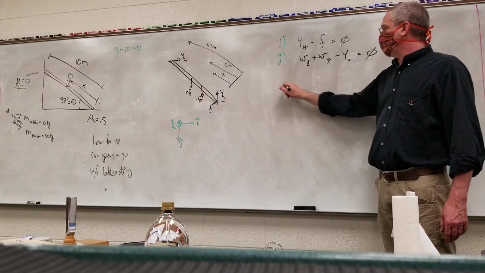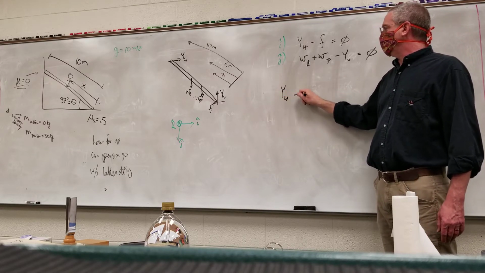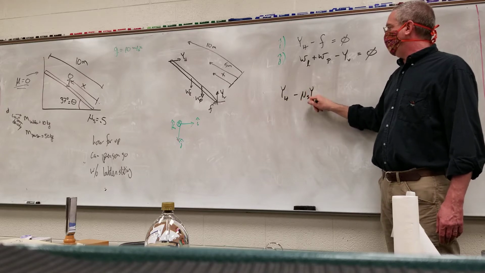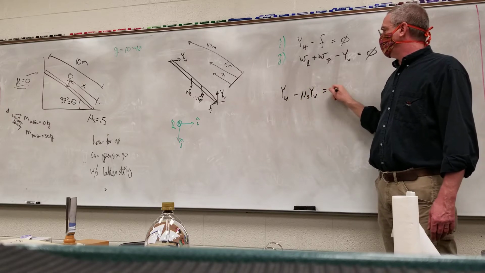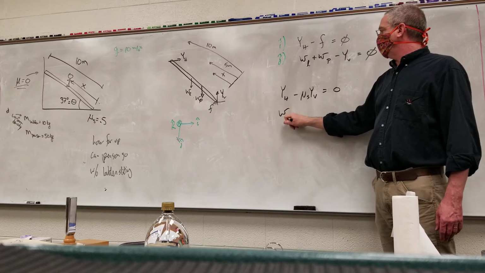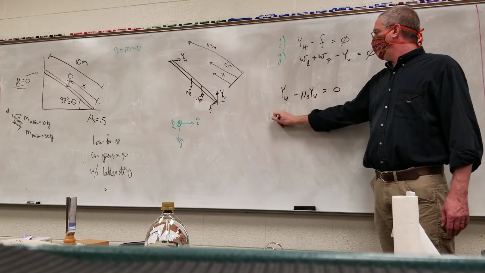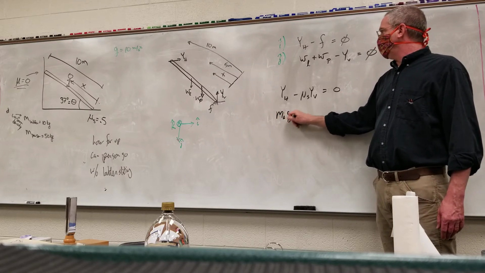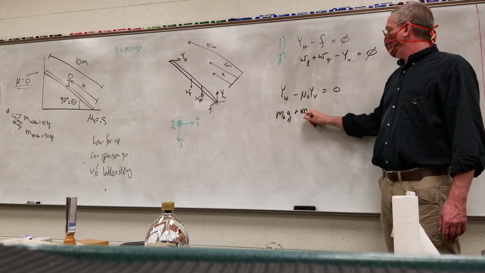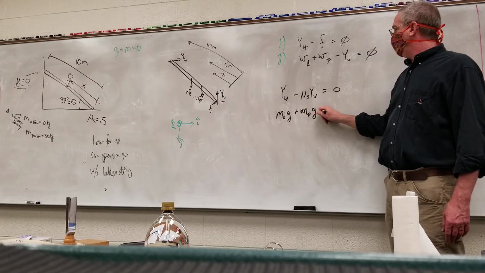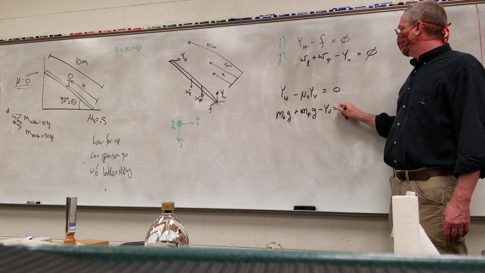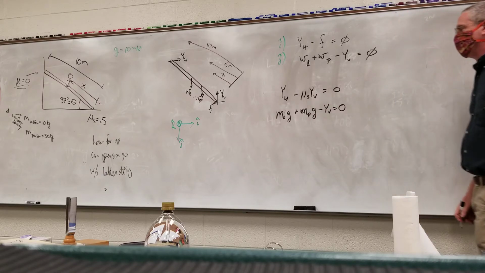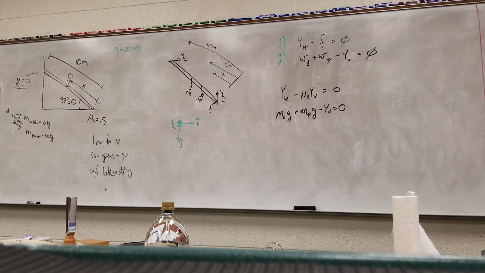We can do some substitution here. So I have y sub h minus mu s y sub v equals 0. W sub m l g plus m p g minus y sub v equals 0. So I can solve for my two normal forces with what I have here.